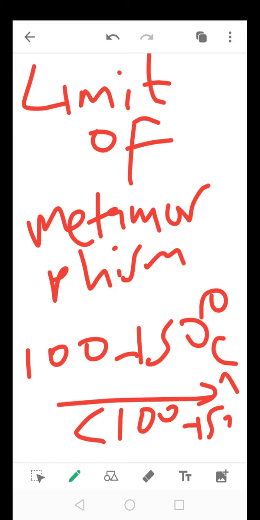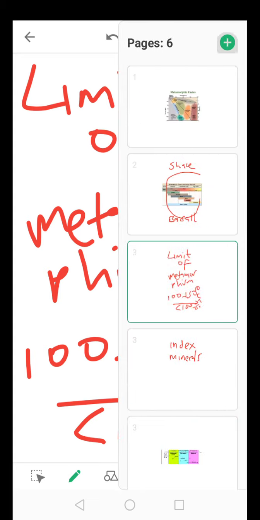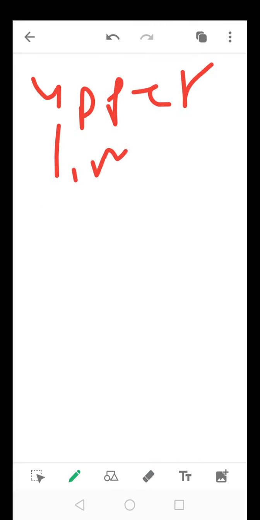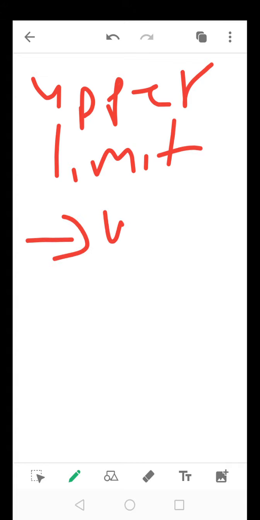So the lower limit of metamorphism starts in the range 100 to 150. That's where the change in form of rocks comes into the picture. Now, the upper limit is bounded by melting.